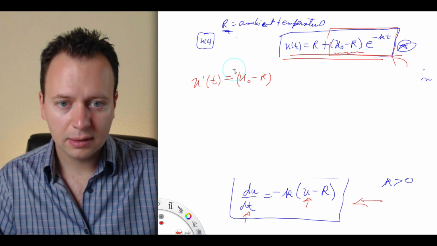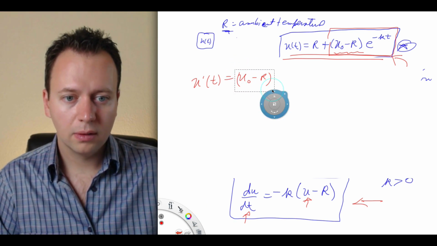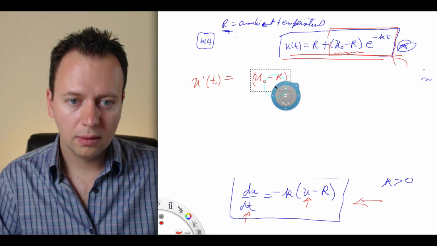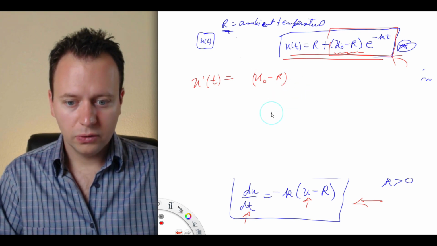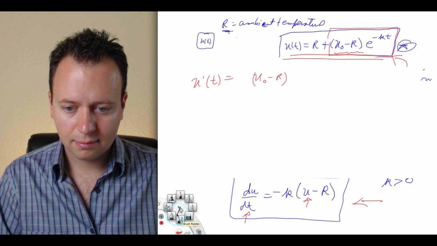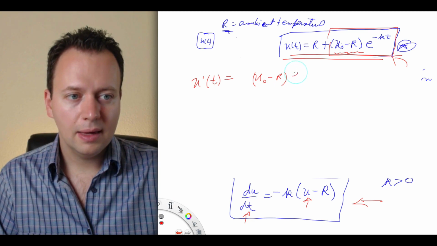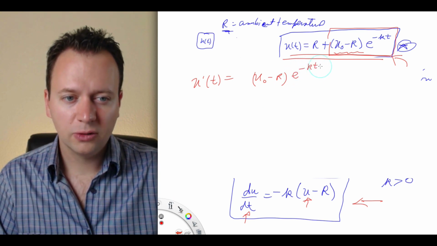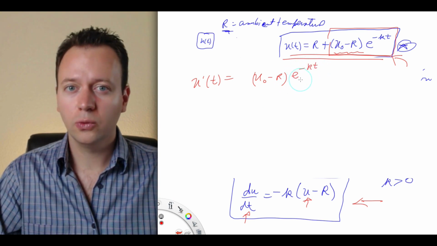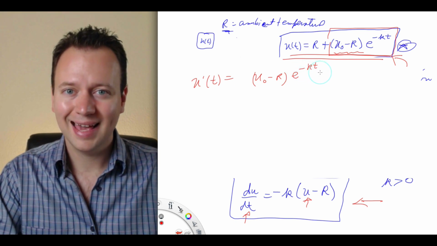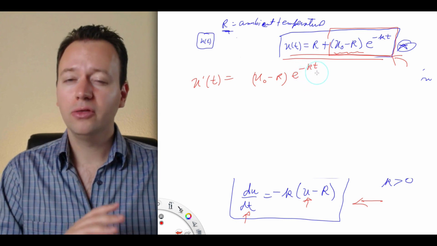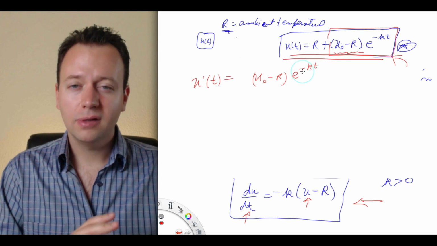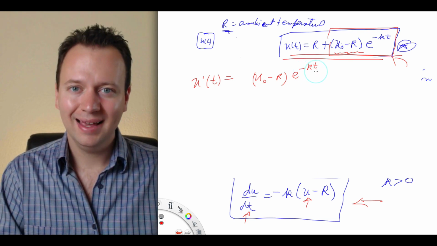Let me save some room and put it like there. u0 minus r is like that, times e to the minus kt. With an exponential function, I just rewrite the exponential function, e to the minus kt, and then multiply by the derivative of the exponent. The exponent is minus kt, where k is a constant.